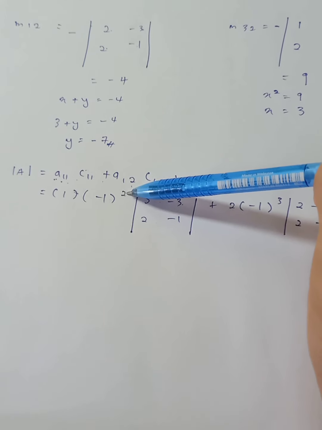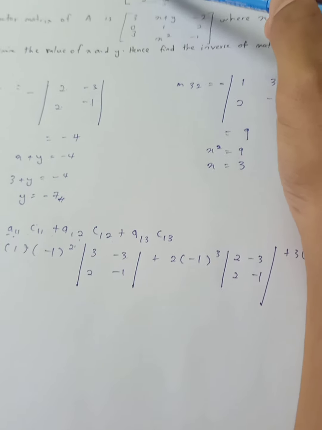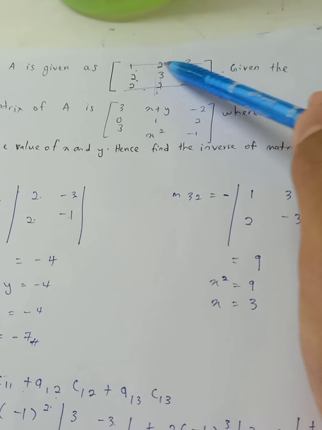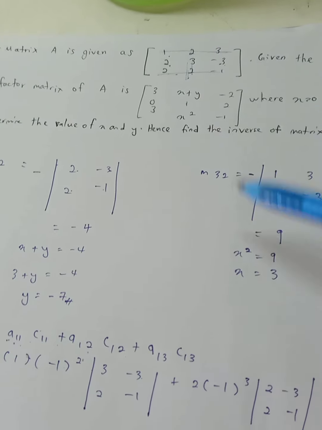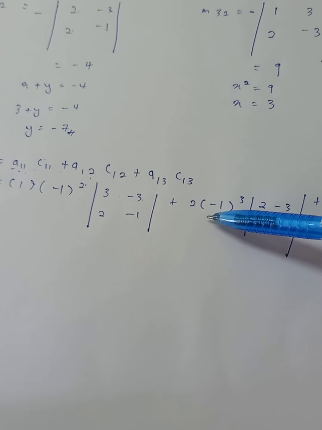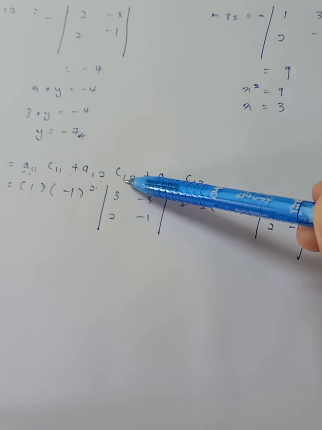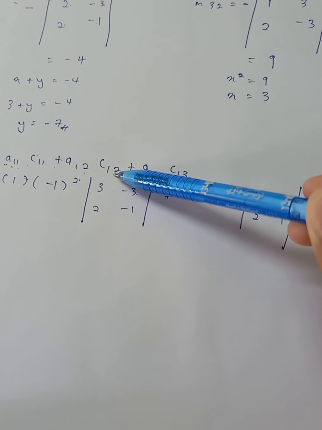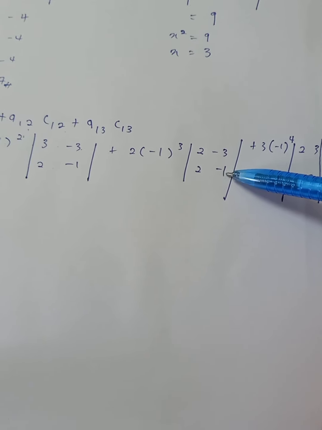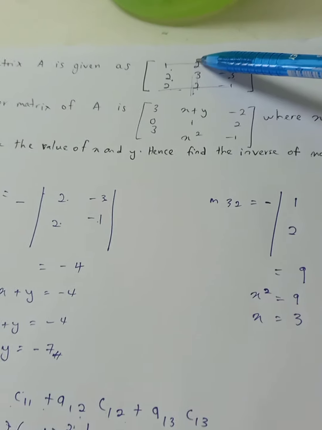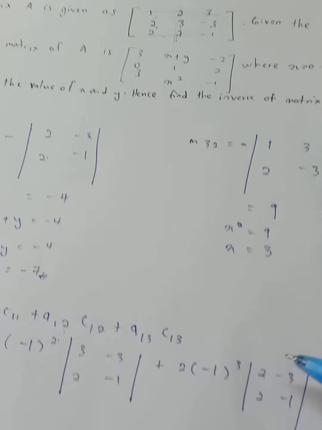Next, A12 is in row 1, second column, so we get 2, times negative 1 to the power of 3, since 1 plus 2 is 3, with the matrix 2, negative 3, 2, negative 1.